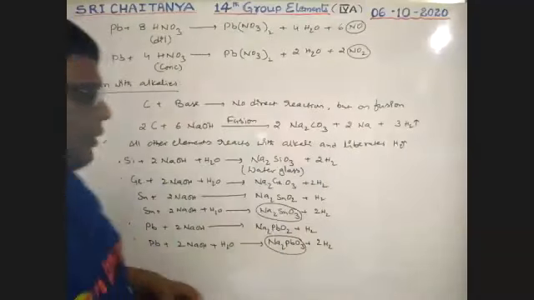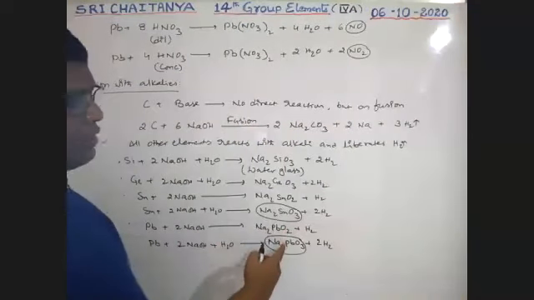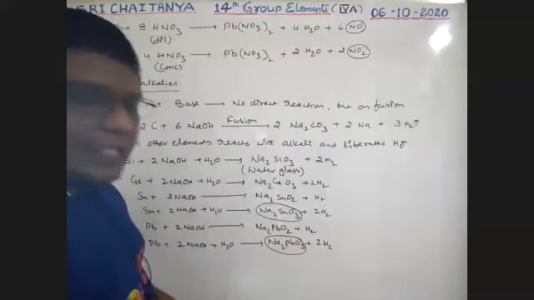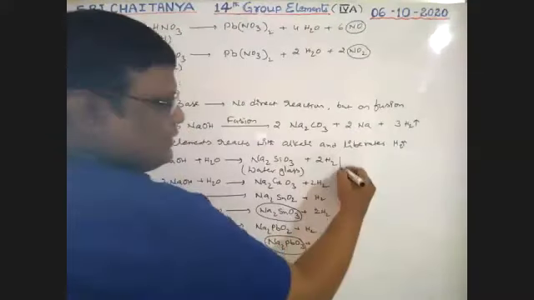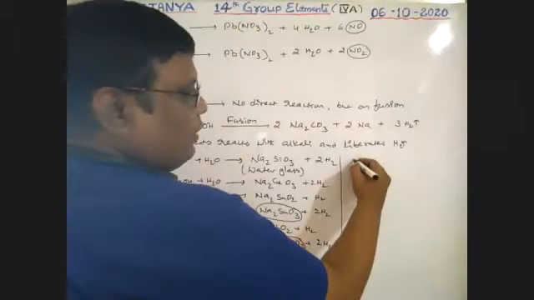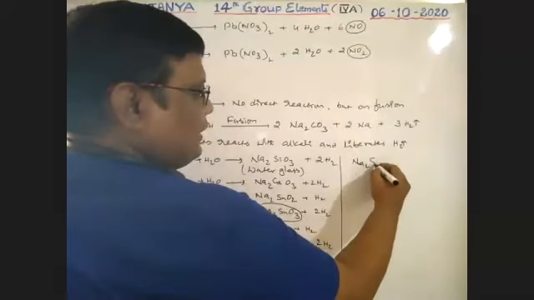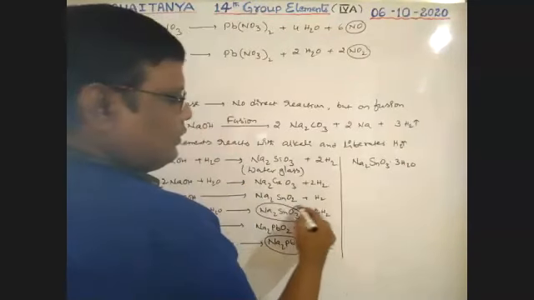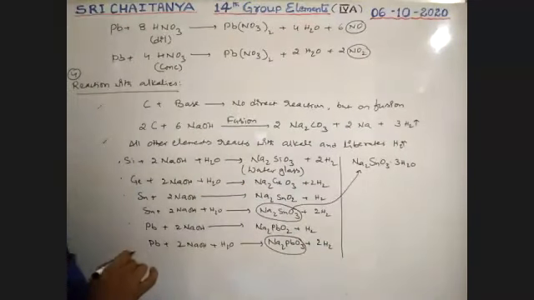See boys, here sodium stannate and sodium plumbate. These two compounds exist in hydrated form like this. Na2SnO3·3H2O exists.